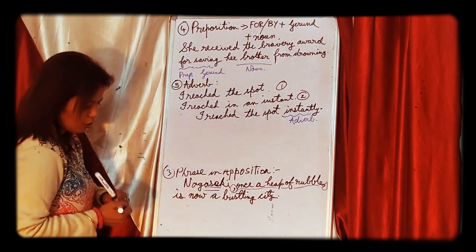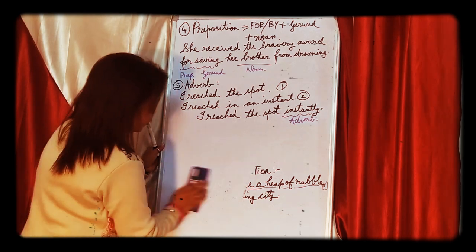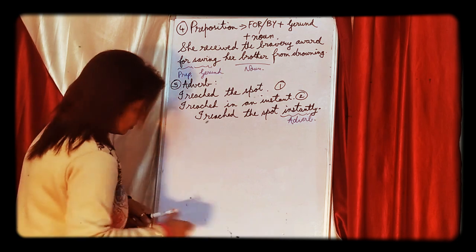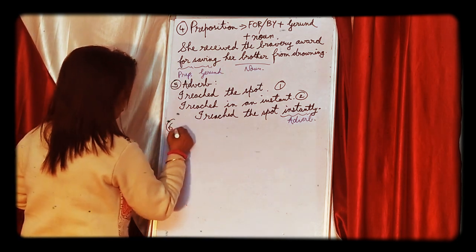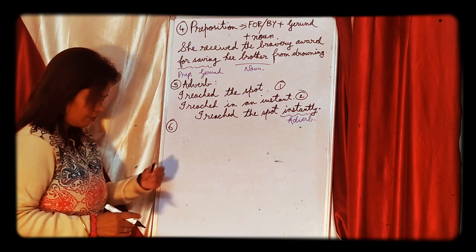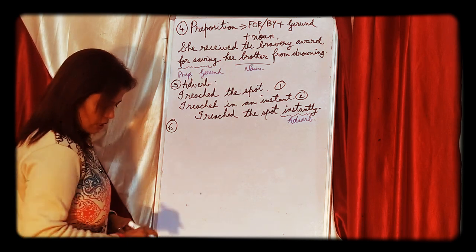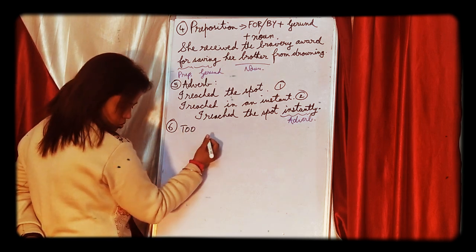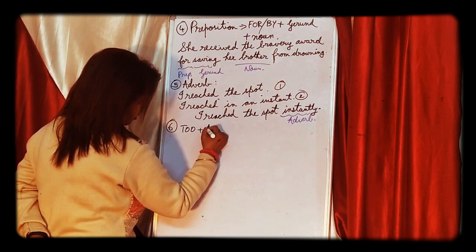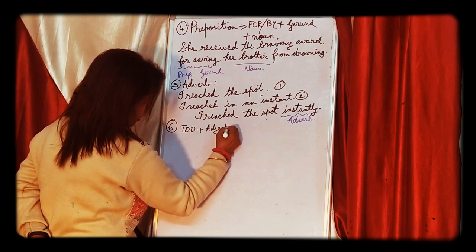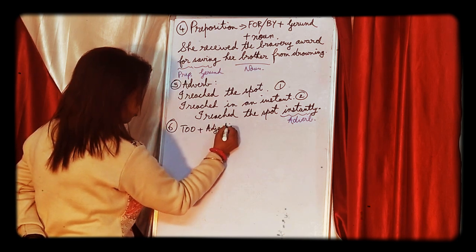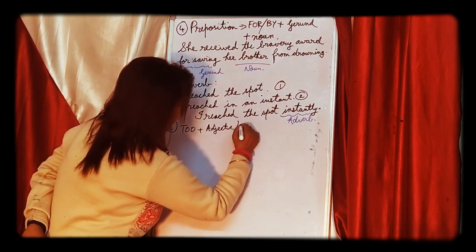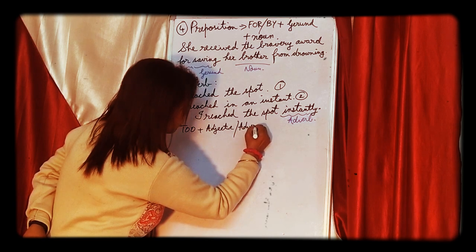Now last but not least, let's quickly talk about the last point to be taken into consideration when we are talking about synthesis, combining two simple sentences. That can be done by using to plus adjective. It can also be to plus adverb.